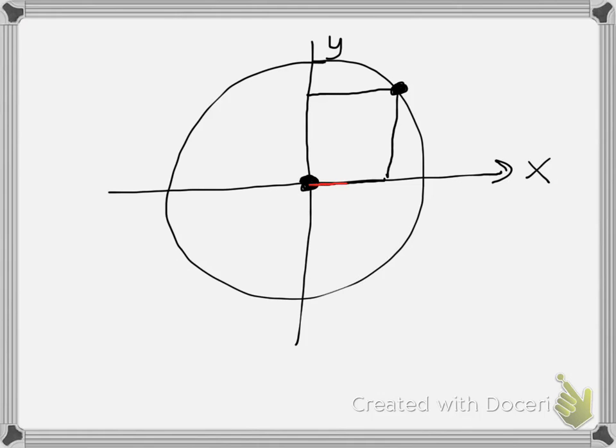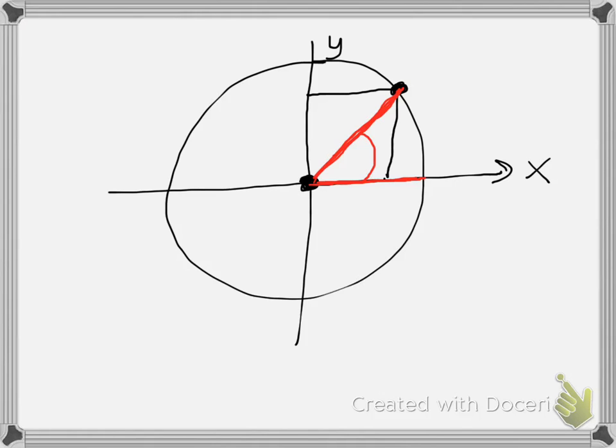So we basically say if I have a ray, or a line segment rather, right here, and then I displace that line segment upward, keeping it fixed at the origin, then my line segment is now right here, and it has gone through some angle.